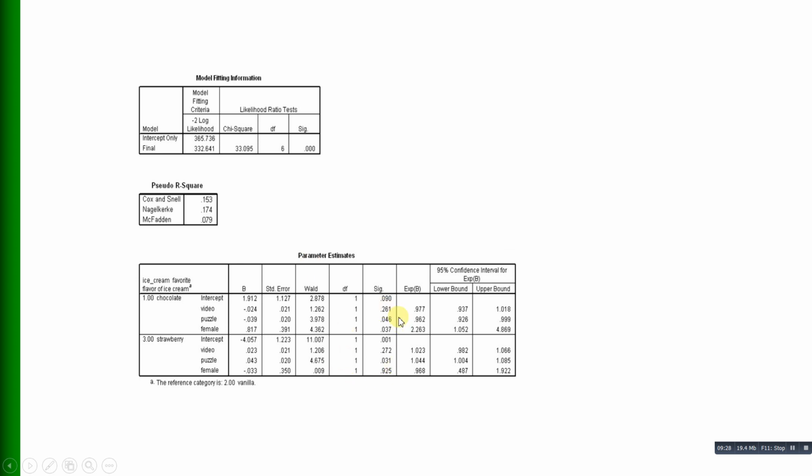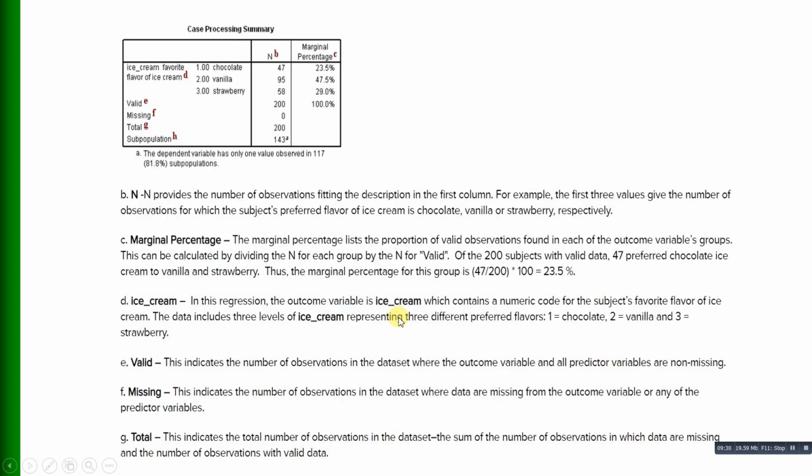Let me start with the case processing summary. Here you see there is capital N, and the subscript is B, so the explanation is here. Now N provides the number of observations fitting the description in the first column. For example, the first 3 values give the number of observations for which the subject's preferred flavor of ice cream is chocolate, vanilla, or strawberry respectively.